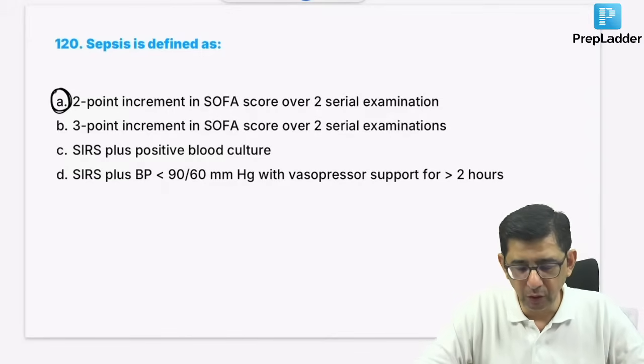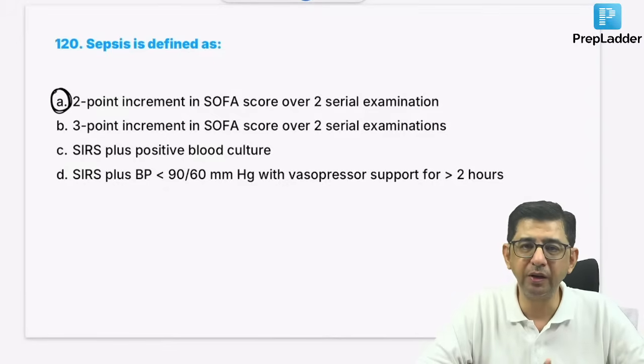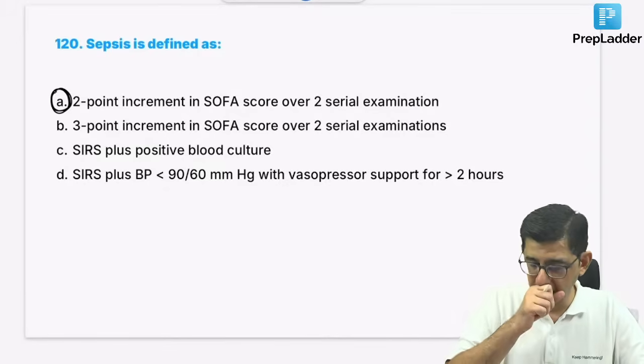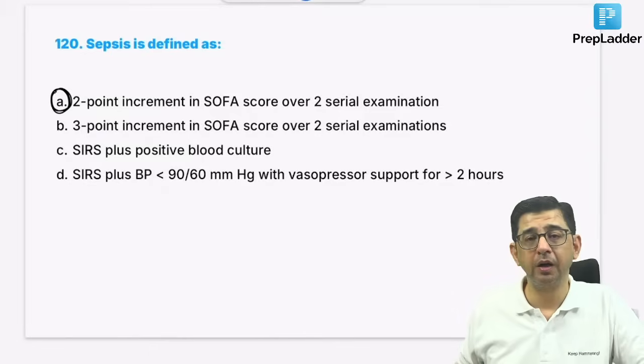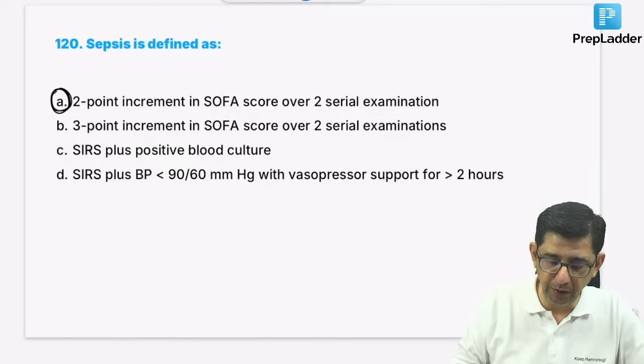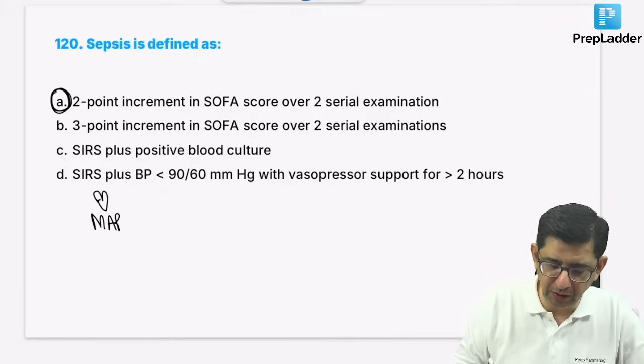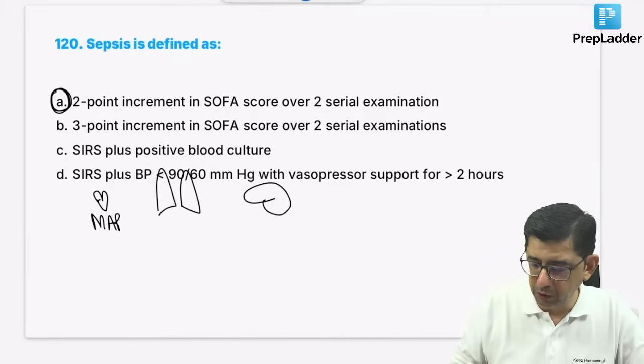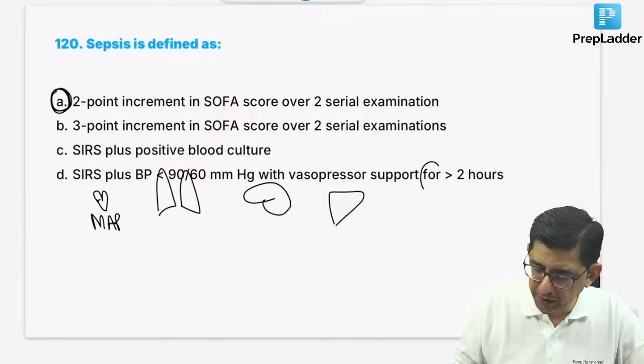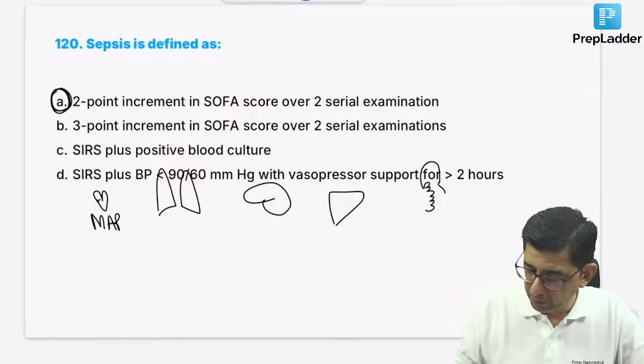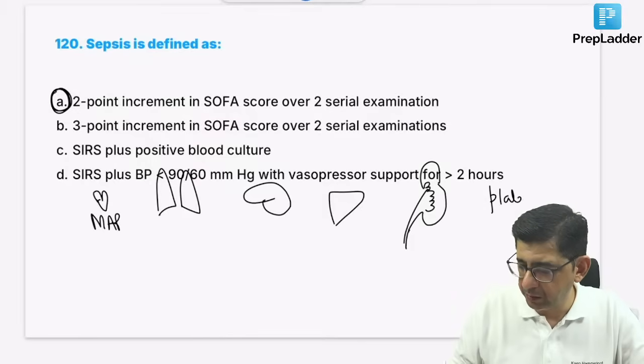Okay. The new definition of sepsis, I have explained this multiple times, is the 2-point increase in the SOFA score over a serial examination. In a SOFA score in a patient, we will be evaluating the mean arterial pressure because we'll be evaluating the heart of the patient, we'll be evaluating the lungs, the brain, the liver, the kidneys, and obviously the hematological system, that is the platelet count in a patient.